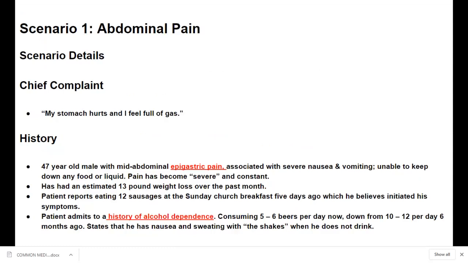I'm actually going to just pick up my ICD-10. I did not plan on doing this, but I'm going to do it now. I'm going to go to pain in my index for epigastric pain. So let's see what we find when we go to pain in our alphabetic index. Pain, found it.